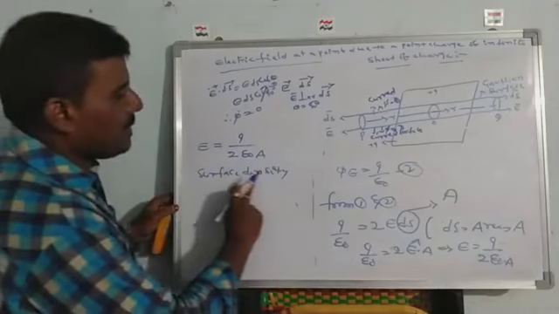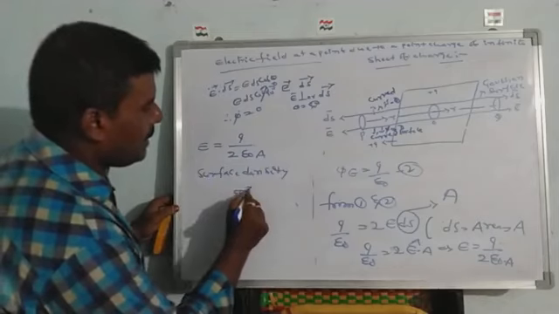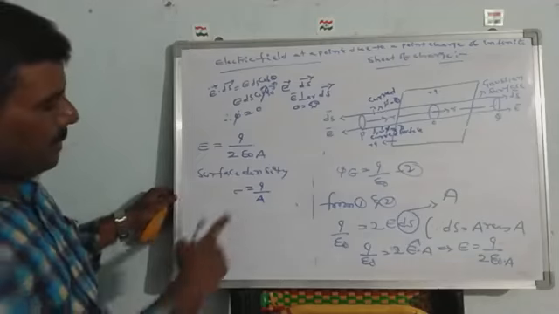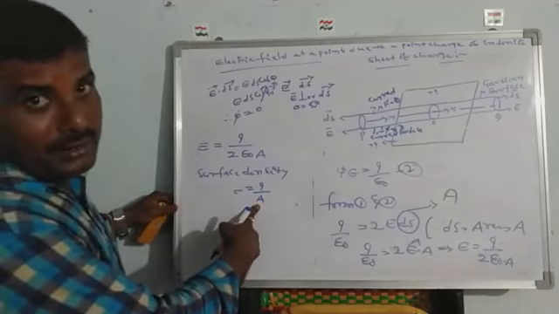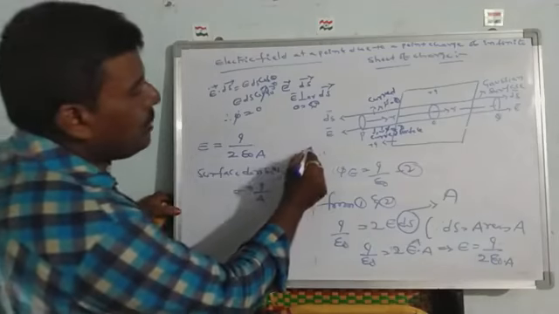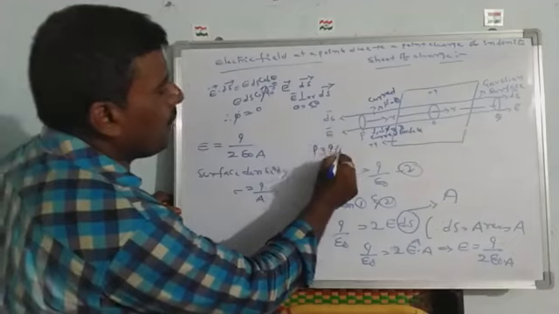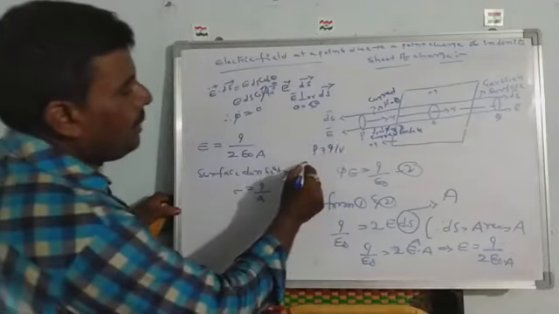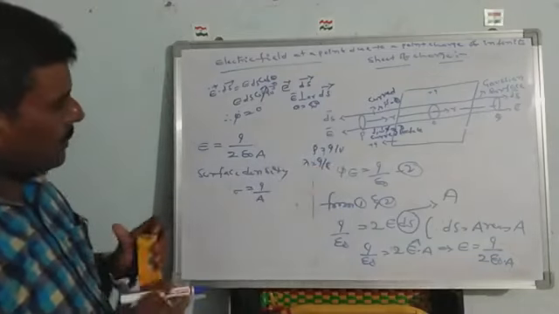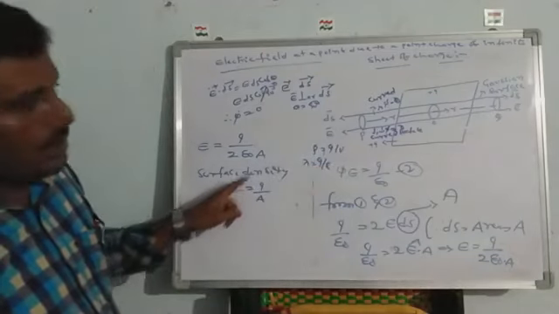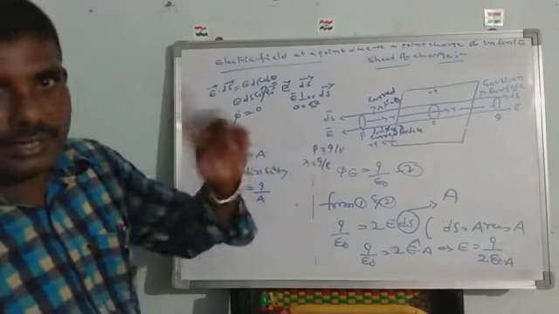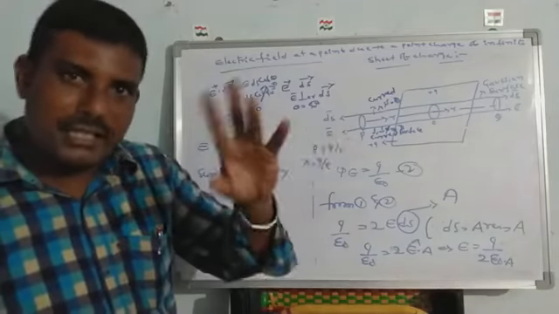Surface density sigma equals Q by A. Volume density is Q by V. And linear density means Q by length. Already we discussed this in the previous class, in the introduction classes.